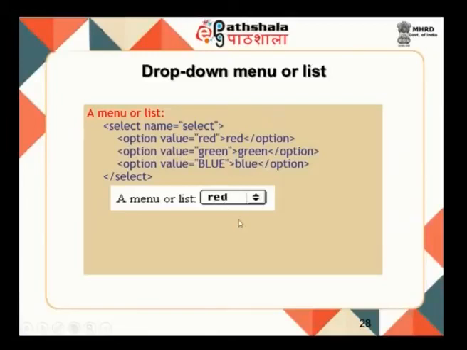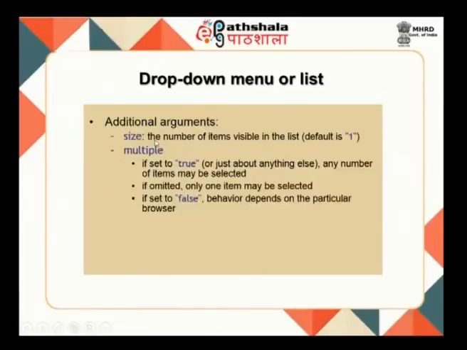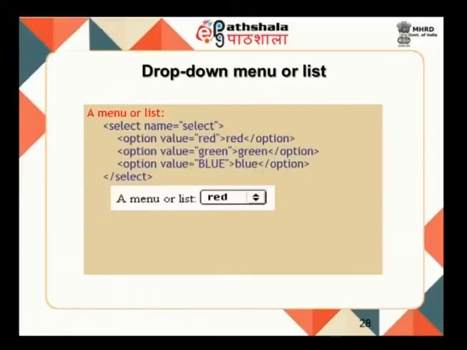If you want to display more items, then you need to make use of multiple or size. If you use the attribute size, then the number of items visible in the list would change. By default, the drop down menu has only one item, as you can see in the example.